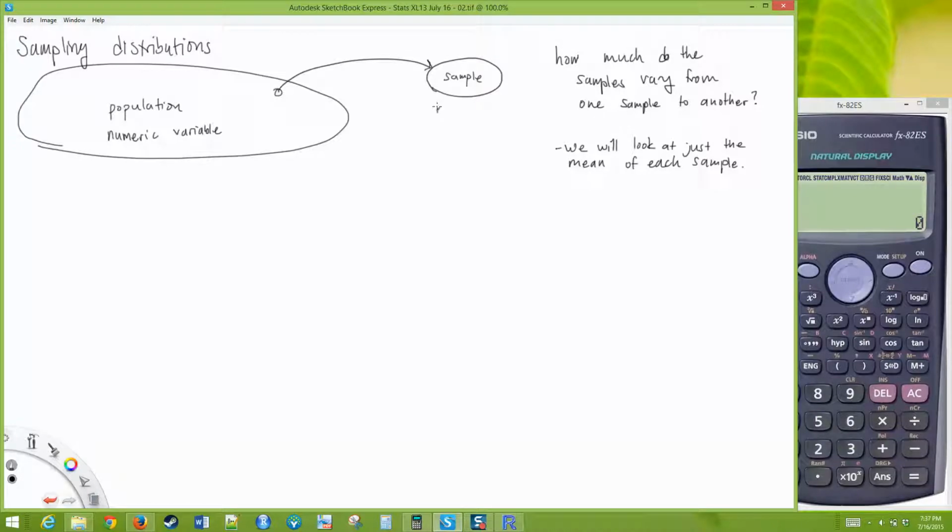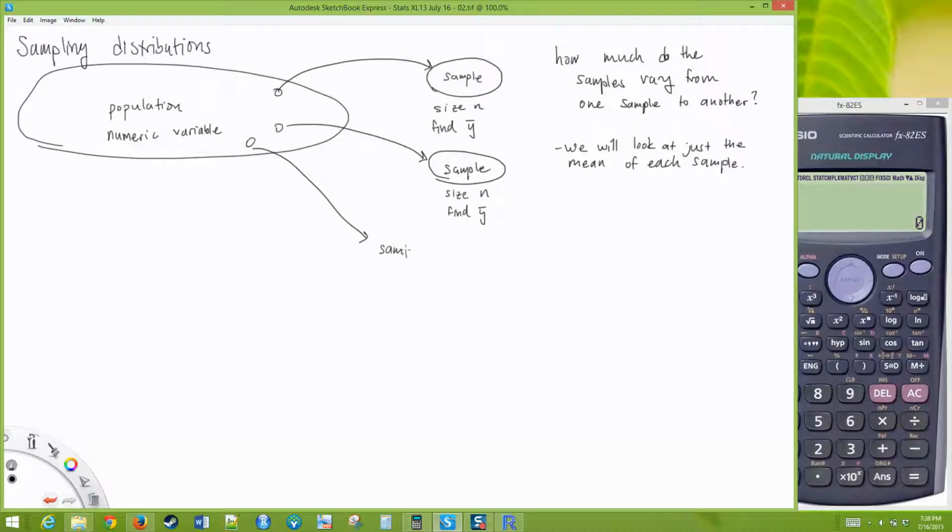Each sample will have the same size, so we have a sample of size n, and we find the mean of the sample, y bar. Then I'm going to take another sample from the population, also of size n, and we find y bar.